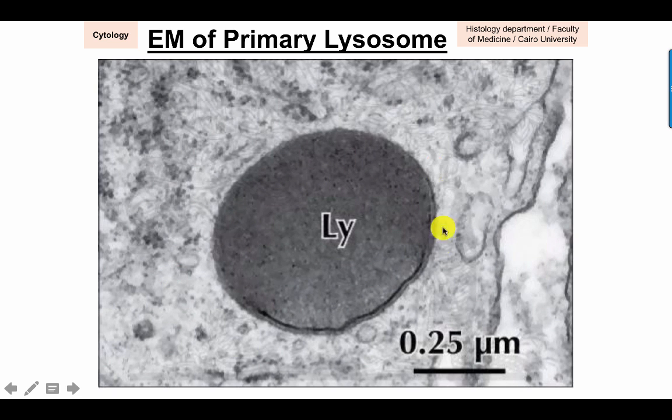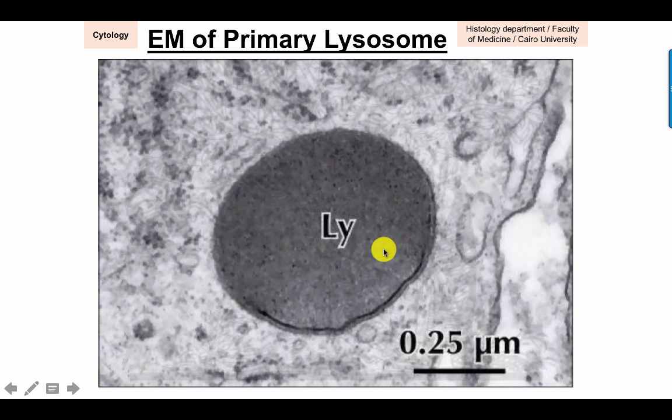These enzymes are formed by the ribosomes on the rough endoplasmic reticulum, and then they are transferred in transfer vesicles to the Golgi, and from the trans surface or the exit surface of the Golgi, they are liberated, and they are not yet performing any function. They are recently liberated. They are called primary lysosomes.